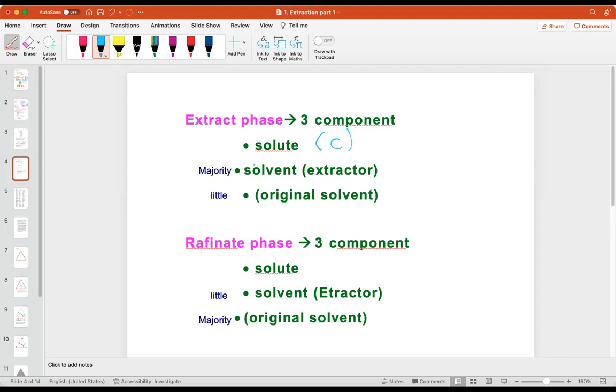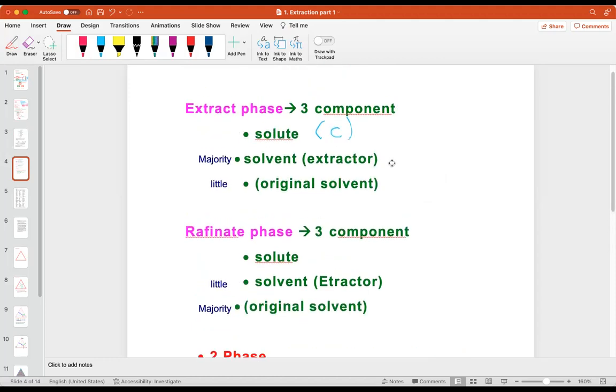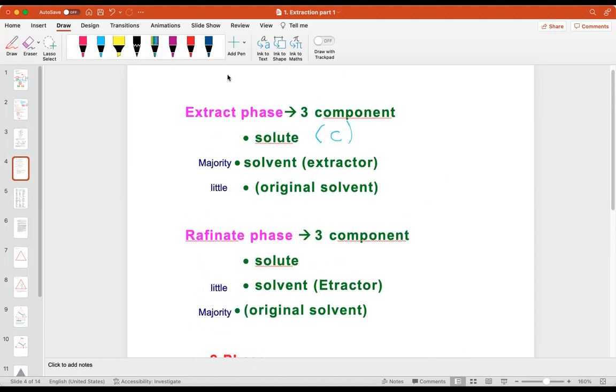The second one is the solvent or the extractor. We call it A. Oh, sorry, this is the extract phase, so the solvent, the extractor, should be B there. But before we talk about this, it's a good idea to explain what extract and raffinate are.